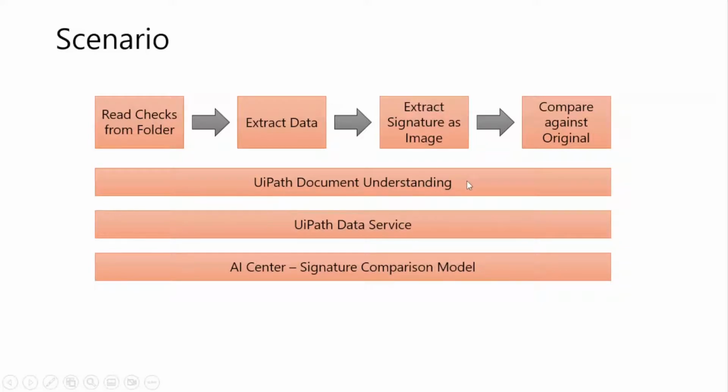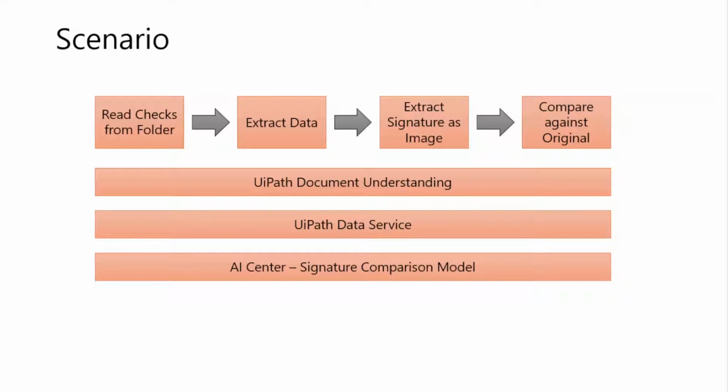We'll be using document understanding to extract the data, and then UiPath Data Service, which acts as our database where we have all the signatures. So we'll be downloading the signature from the data service and trying to compare it using signature comparison model we have in AI Center. So we'll be using all three things today.